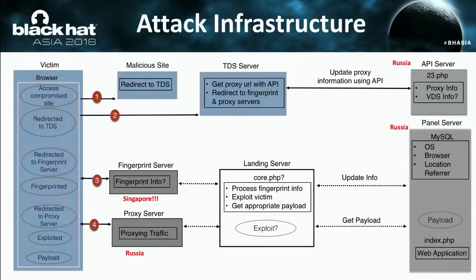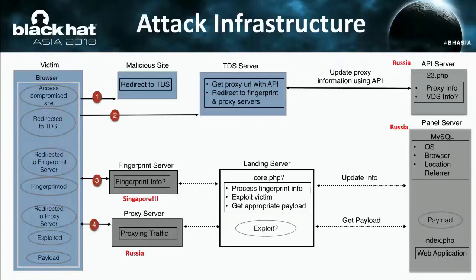So I will give you a simple example of the flow of how a victim is infected with malware. As I explained previously, firstly, this is the victim browser. The victim accesses the malicious site, and the malicious site redirects the victim to the Traffic Direction System server, the TDS server, in the second step.